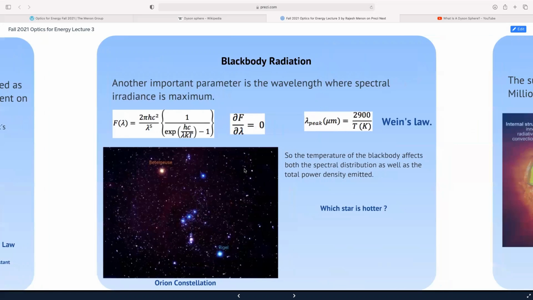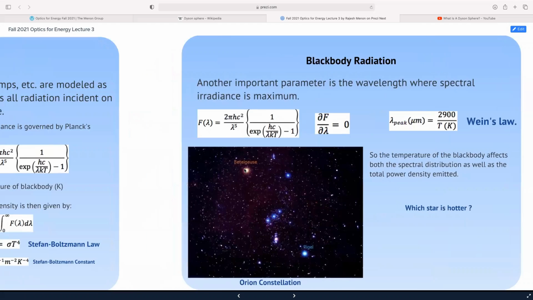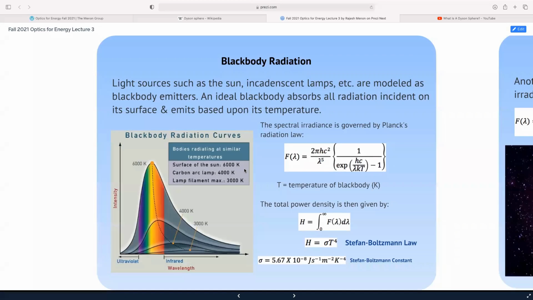Now, putting all this together, we can also determine the wavelength where the spectral irradiance is maximum. In other words, this point here, and this point here, and this point here, and this point here. You see this curve, which maps the peak wavelength where the spectral intensity is maximum. Of course, from calculus, we know in order to do that, this is very simple.